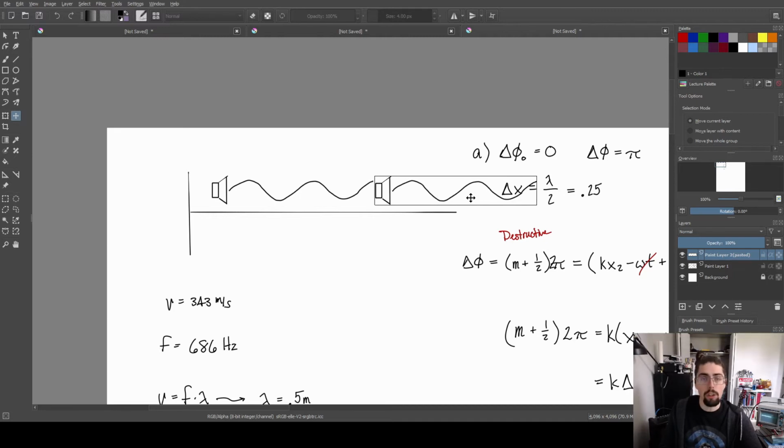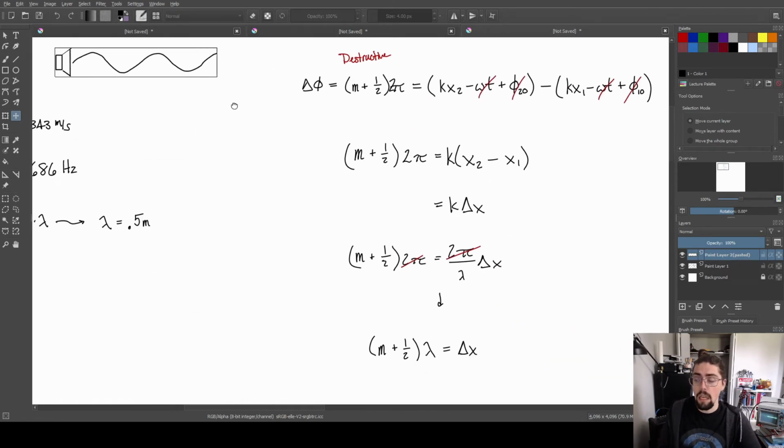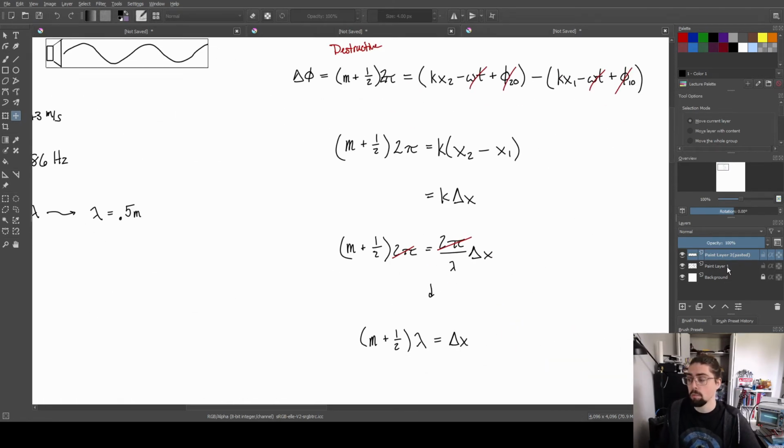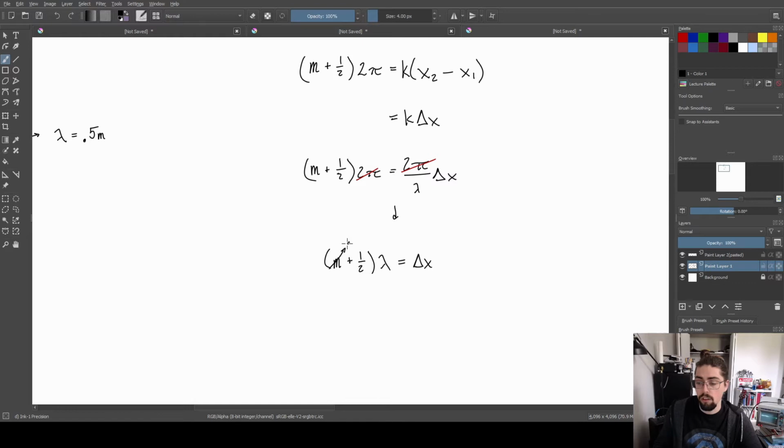Any of these that we're looking at, it's destructive interference regardless. M is allowed to be any number that it wants to be, and so to make it as small as possible, I'm going to say M is 0. Then delta x is 1/2 of lambda, which gives us the exact same result we found looking at the picture.